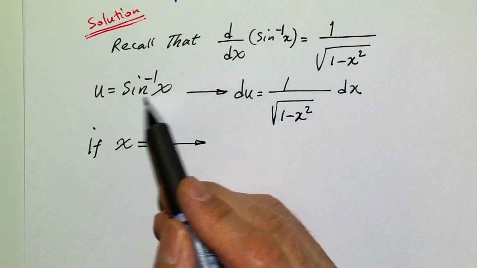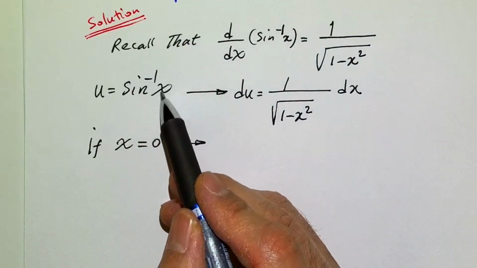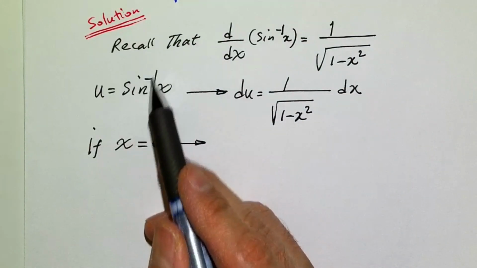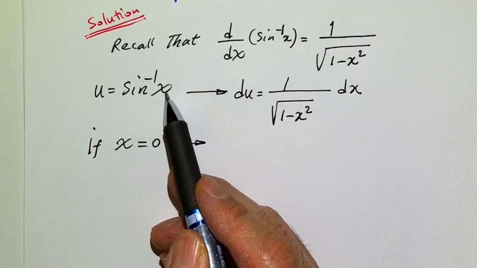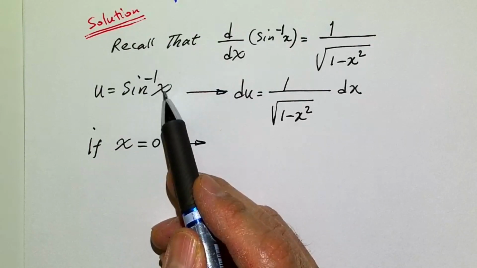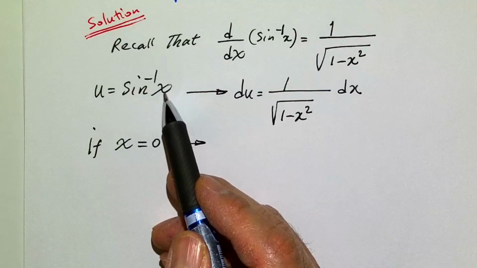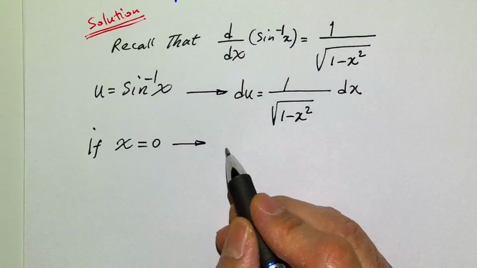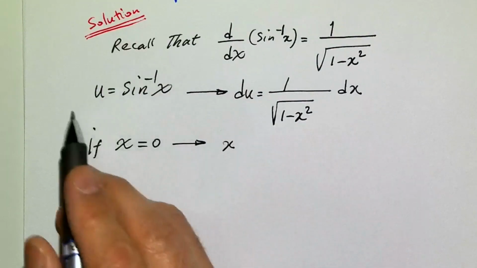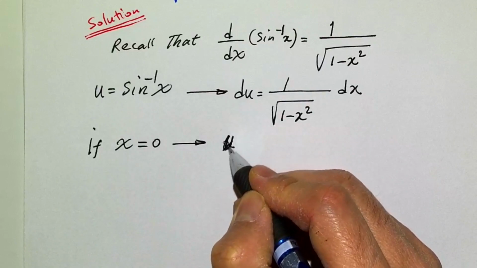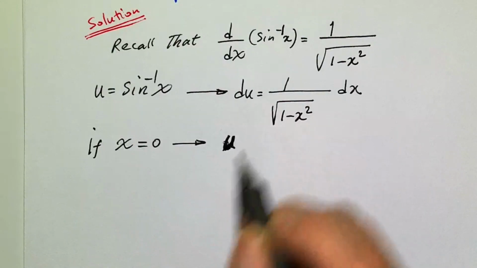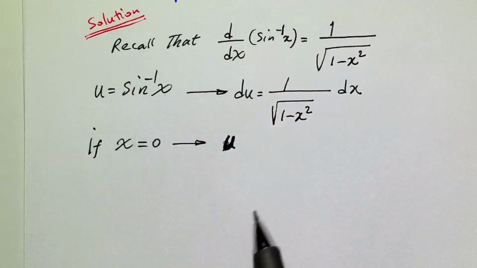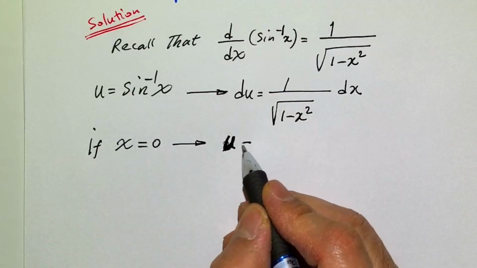So if you substitute 0 for x and take the inverse sine of 0, you're looking for an angle for which the sine is 0. So u in this case, which would be that angle, is equal to 0.